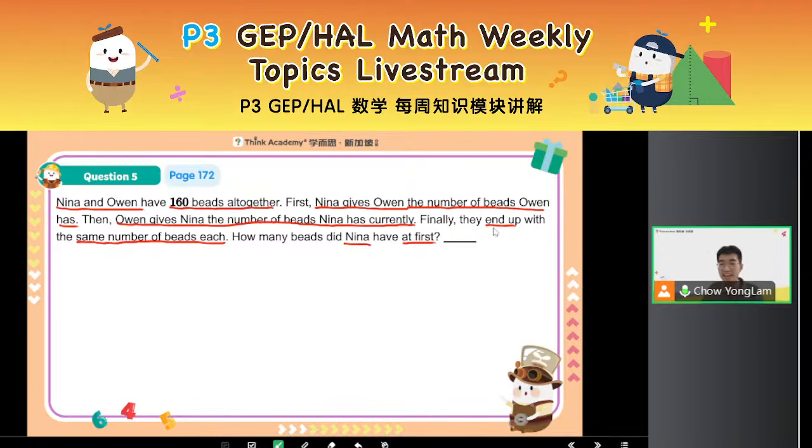Because we know finally they end up with the same number of beads each. At the end, they will have the same number of beads, so they are equal. So you just split 160, divide by 2, and you realize each of them will get 80 beads at the end. So this is the ending number.